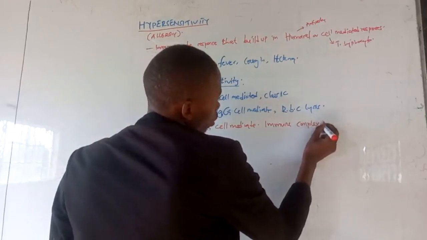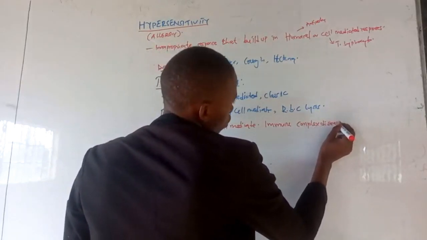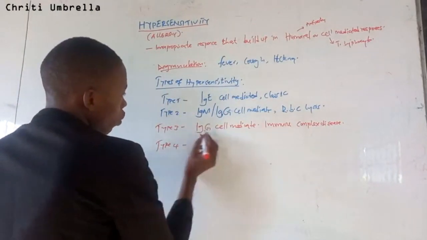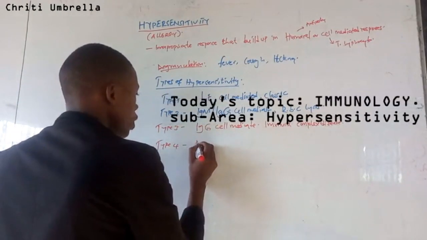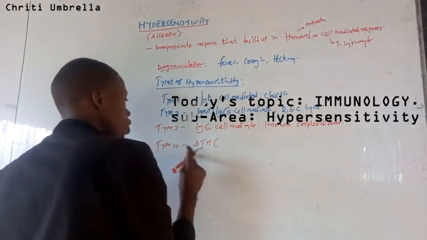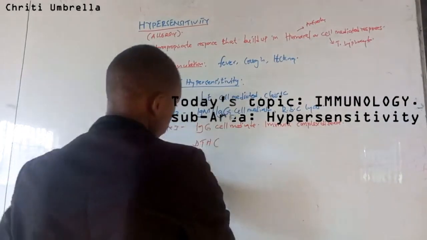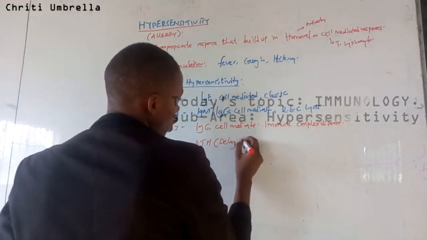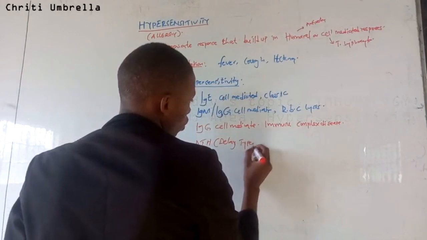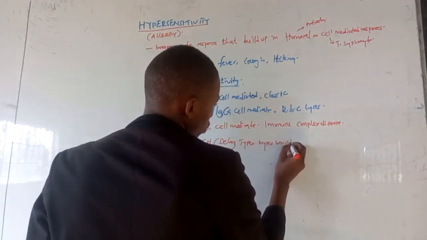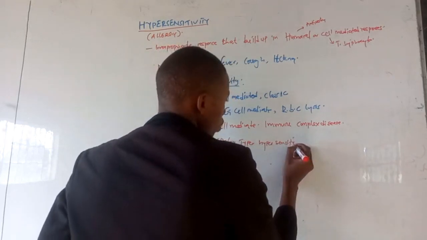Then finally type 4, we call it DTH, which means delayed type hypersensitivity.